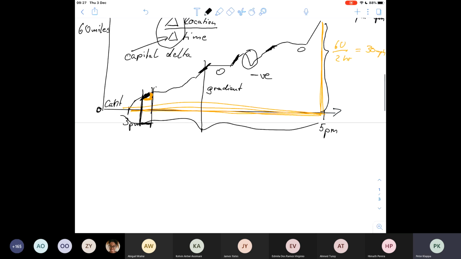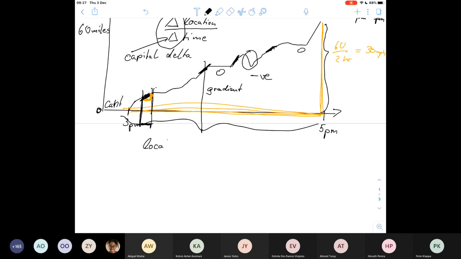Now, with this one here, I again look at a change in location and in time. But this time it's not the overall thing, it is a much smaller time unit. So for example, let's say it's for 10 minutes here.